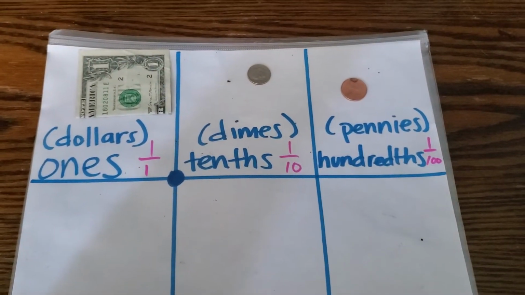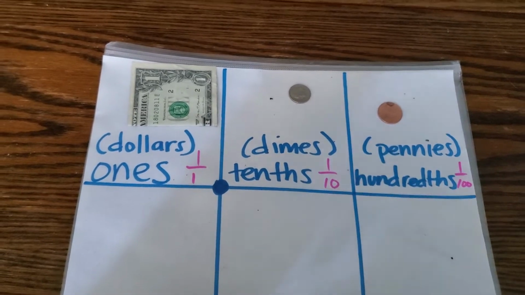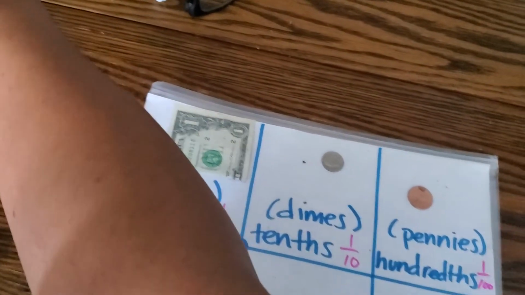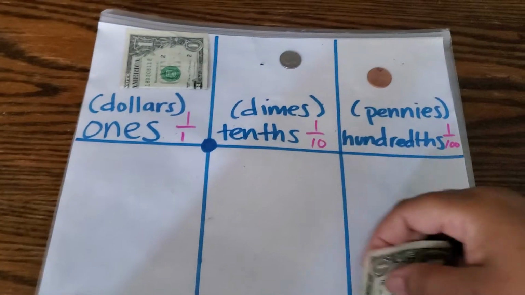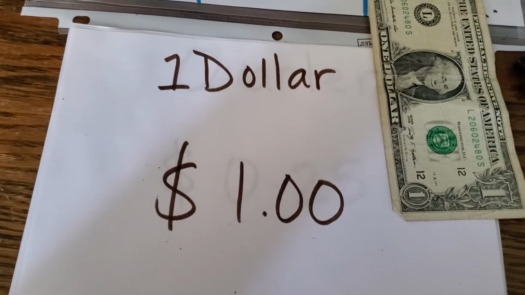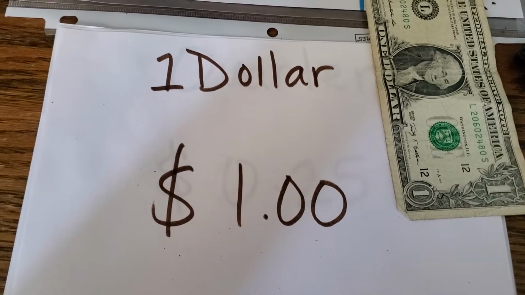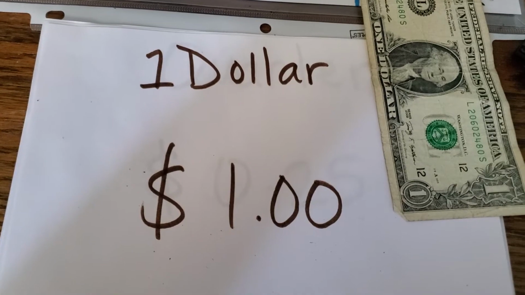So dollars look like that. That's a dollar. That's what it looks like. That's how you would write it in money form: $1.00.